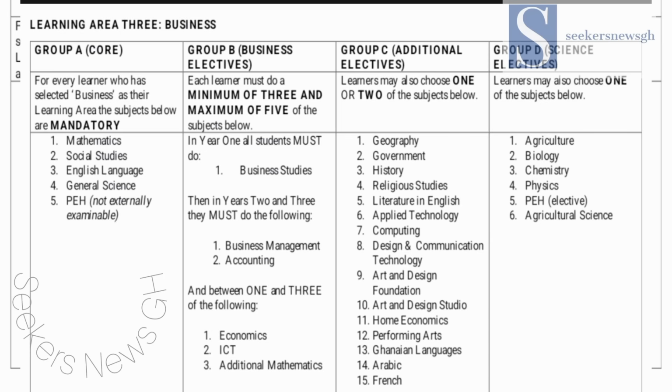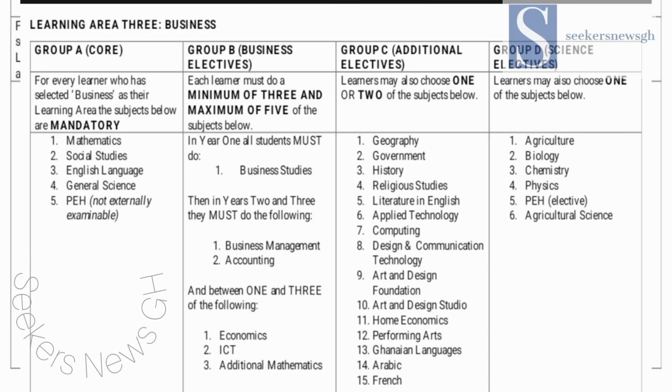So year 1, all students must do business studies. Then in year 2 and 3, they must do the following: 1, business management, and 2, accounting. And between 1 and 3 of the following, which is economics, ICT, and additional mathematics. So you can see that in group B, the learner is supposed to choose a minimum of 3 and a maximum of 5.